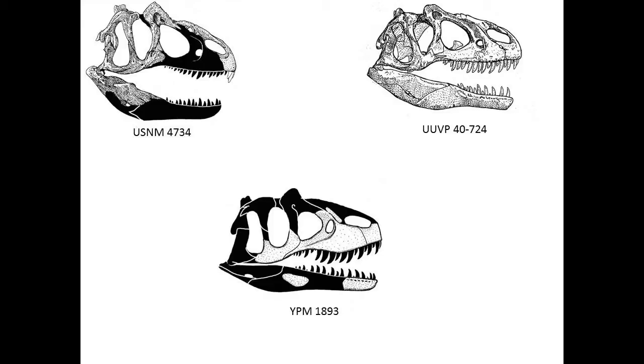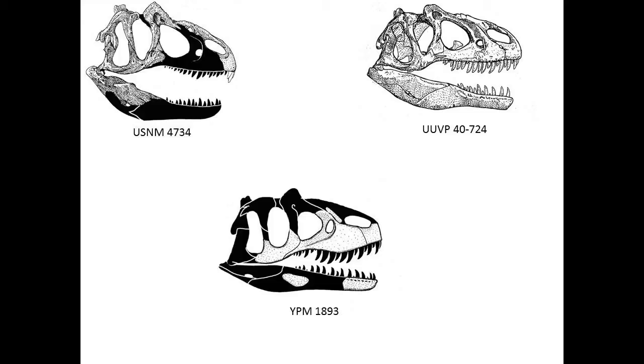Instead of using the picture here, because, especially with the other specimen, USNM 4734, that's an incomplete skull and the bottom jaw is not there, I took the specimen you see on the right, UVP 40724, and used that as a kind of neotype, or a specimen to refer to, and I reconstructed those specimens using it.